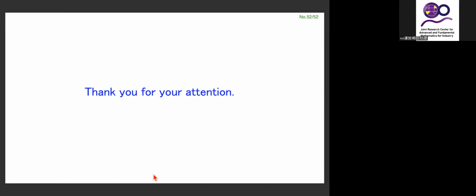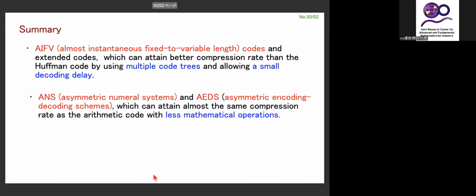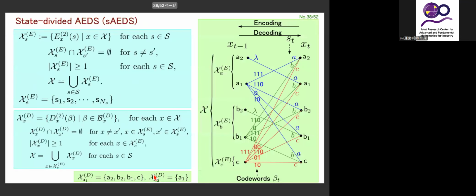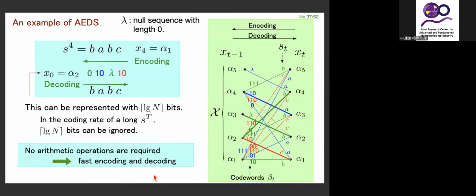I have a question about ANS. Actually, I couldn't understand the demonstration of the algorithm, but I think there are two types of direction for encoding and decoding. So one is the reading direction of symbols in the encoding and the direction of symbols in decoding.